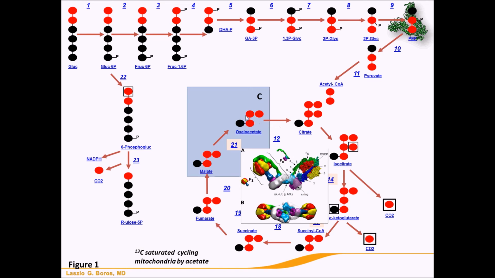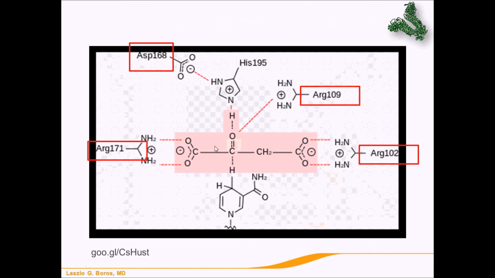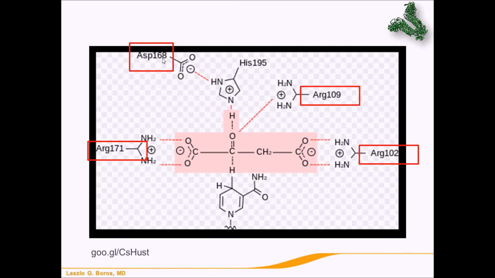So the regeneration of oxaloacetate, which is more like the carrier of carbons in the TCA cycle, from malic acid actually takes the same residues. Asparagine 168 is responsible in pyruvate dehydrogenase for proton transfer, and the stator, or the proton fixating amino acids, are arginines, again, just like in the nanomotor.